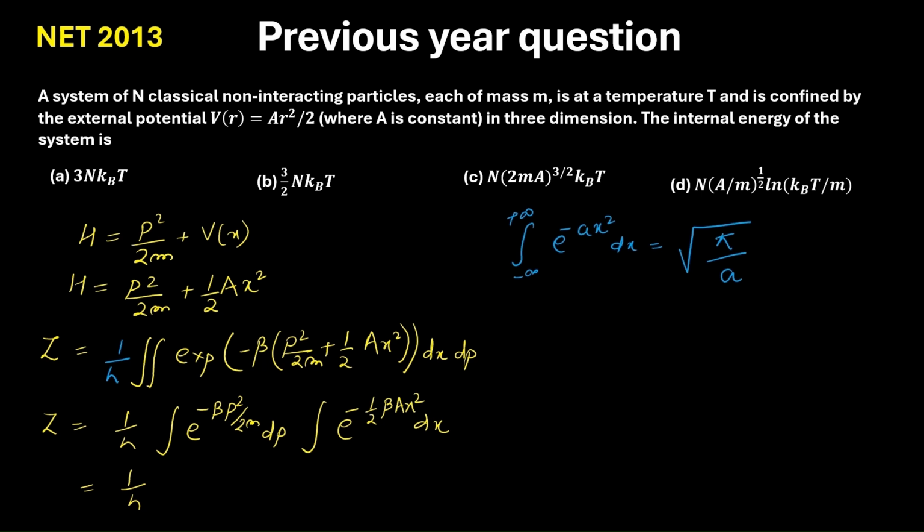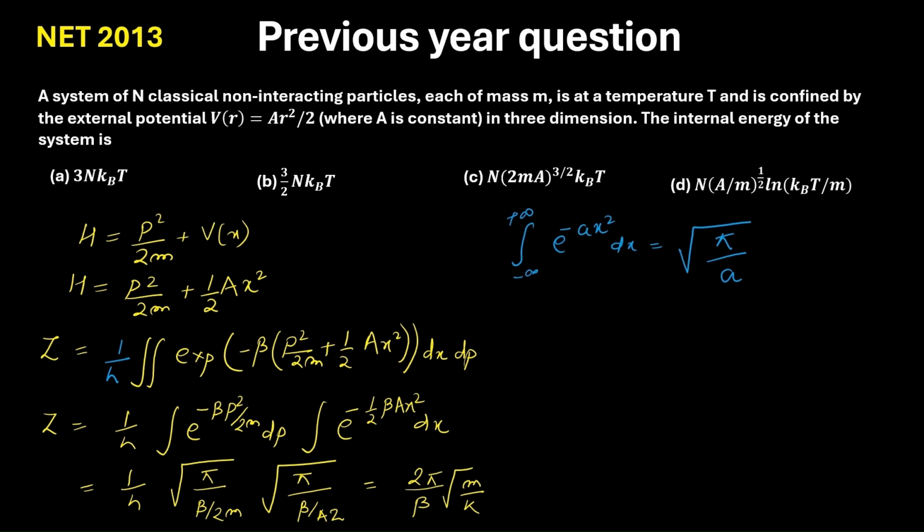So this will be root over pi divided by beta by 2m, and the other integral will be root over pi divided by beta a by 2. We can simplify this and we will get 2 pi by beta root over m by k.